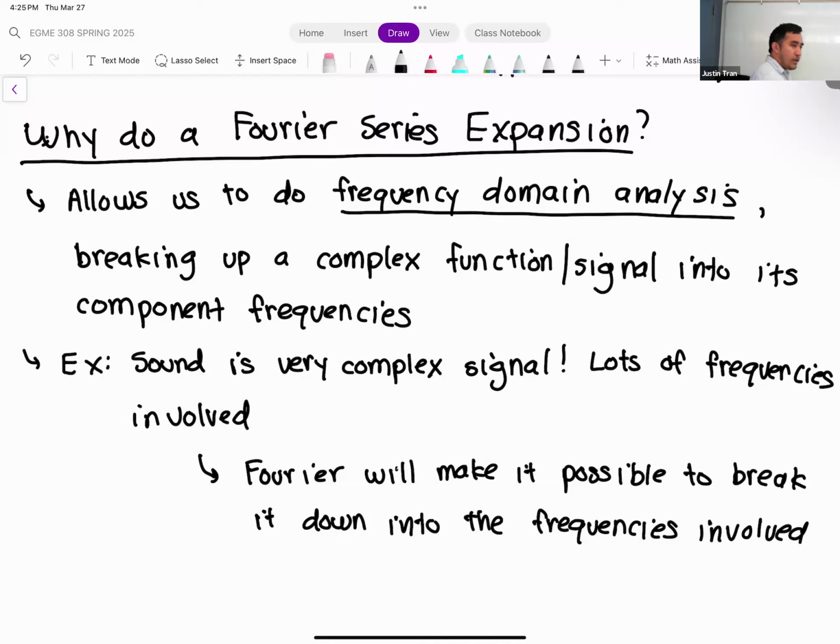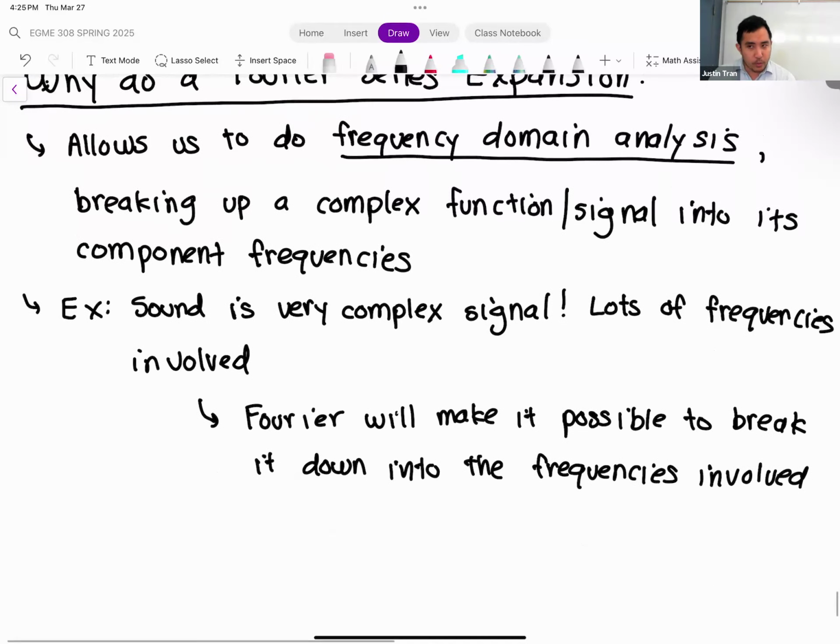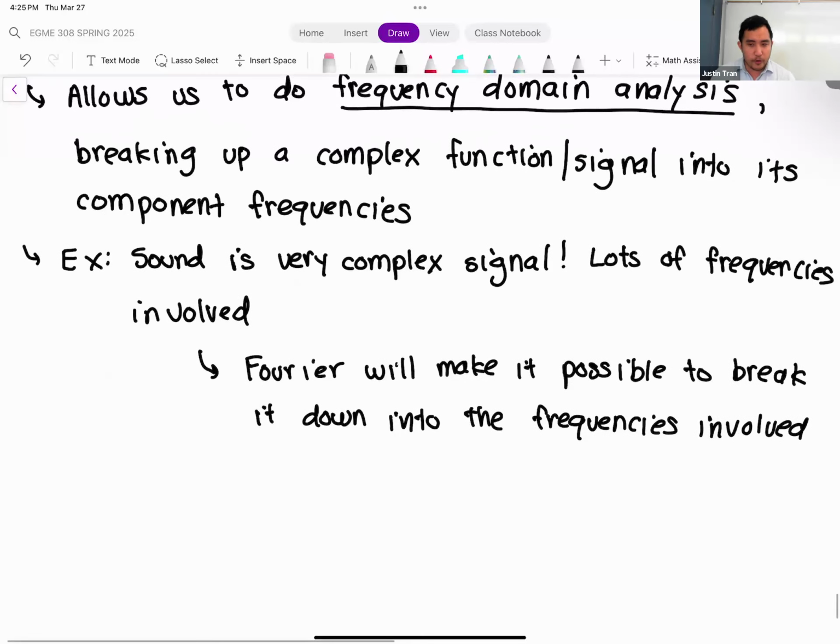Not only can you see all the frequencies involved, you can see which are the most dominant frequencies within that signal. Because what do you get with Fourier series? Not only do you get the frequencies, you also get a coefficient associated with every single frequency in the signal.